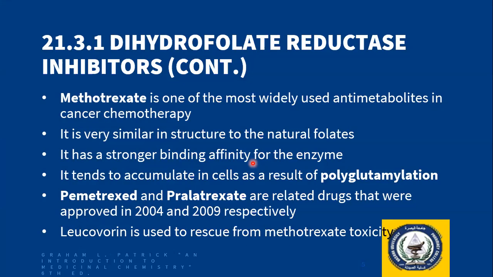Pemetrexed and pralatrexate are both related drugs, and they were approved in 2004 and 2009 respectively, which means Pemetrexed was approved in 2004, pralatrexate was approved in 2009. Okay, it is good to mention here that leucovorin is used to rescue from methotrexate toxicity. The other name for leucovorin is what? I think you know it. It's folinic acid.